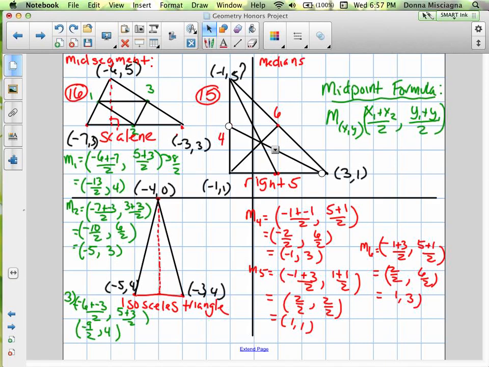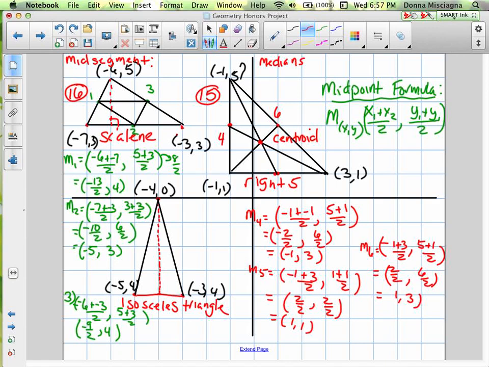That looks much better. So they all should intersect in a point. Right? And you should graph that, that is the centroid. All right, so number 15. That's all you needed to do, right? That's it for number 15.